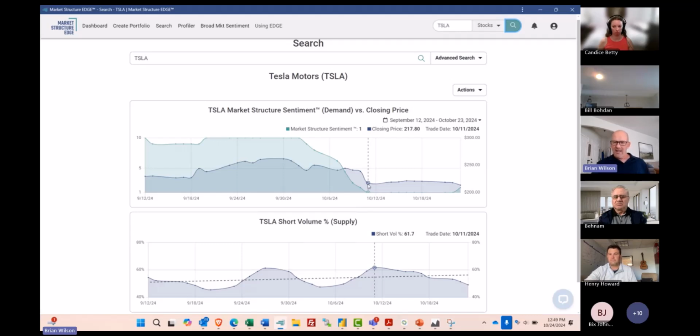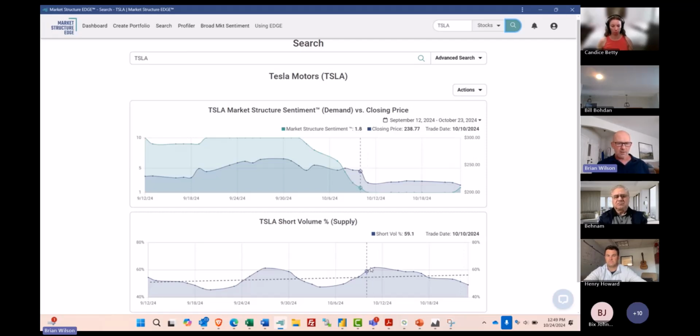Well, look at the setup ahead of earnings. Obviously, at one point, Tesla was up 20 points today. I'm not sure what they're up now, but sentiment was fully washed out. So it was not good from a sentiment perspective. It was decent from a short volume perspective. So look at the difference between the two.